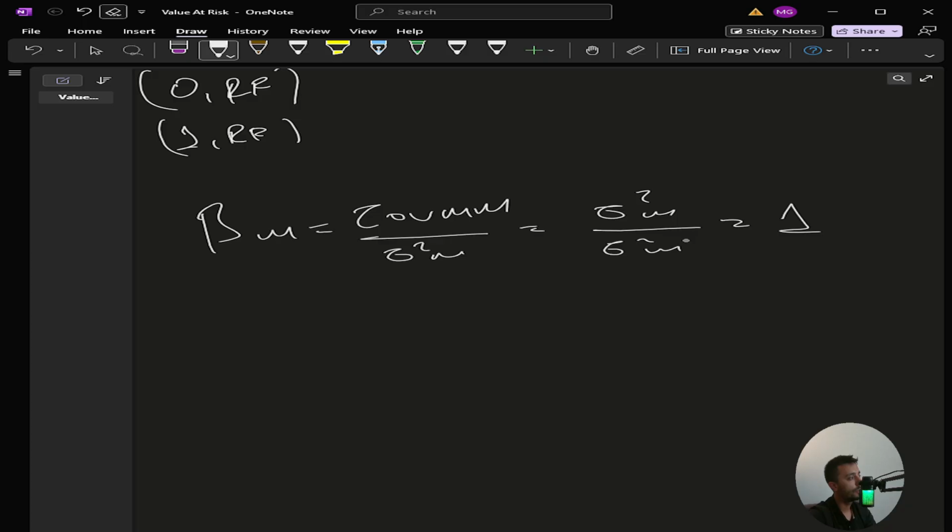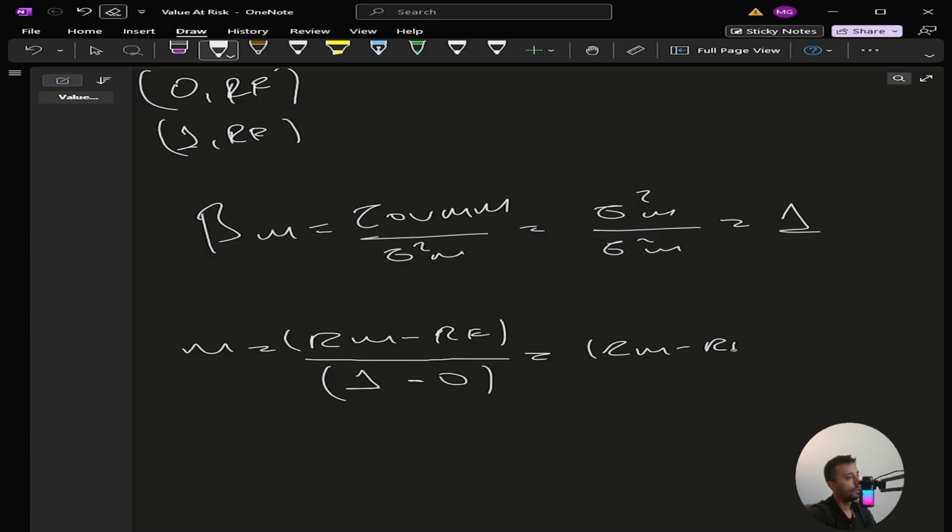We now read the calculus slope of the security market line as the rise over the run of the line. The slope is the market risk premium. I mean the slope is market return minus RF over 1 minus 0. So the slope is equal to the market risk premium.